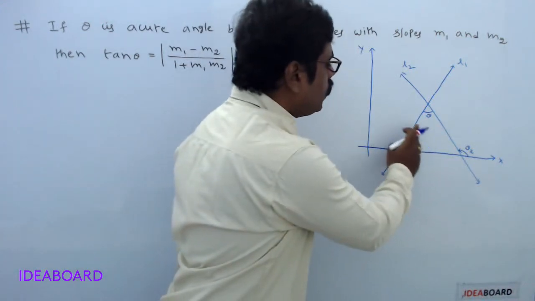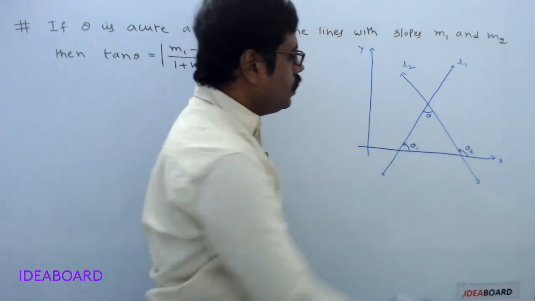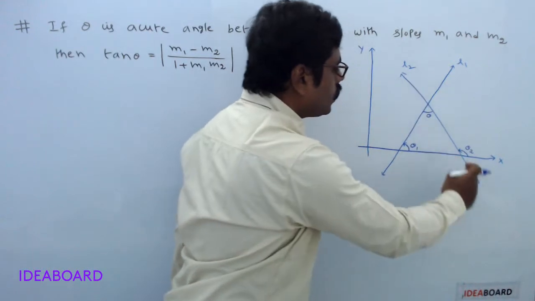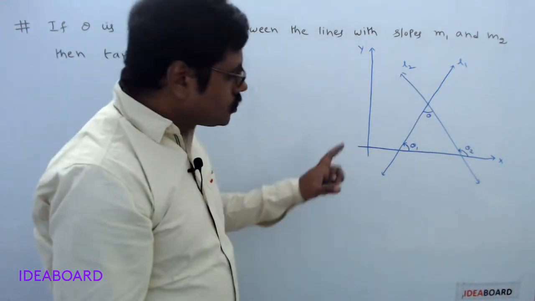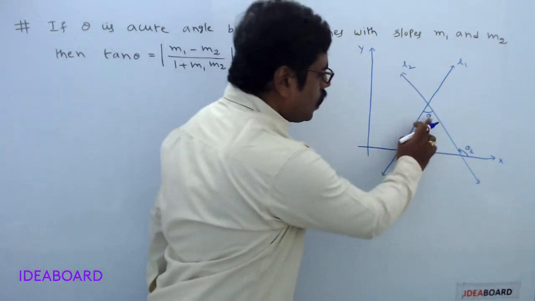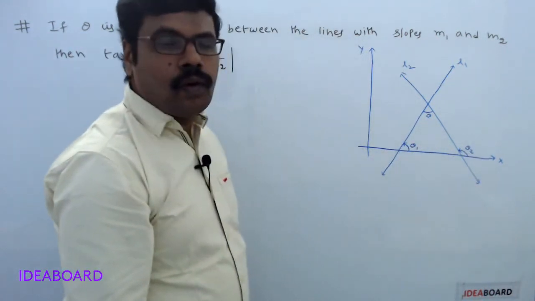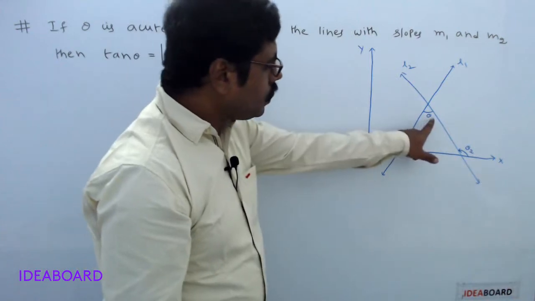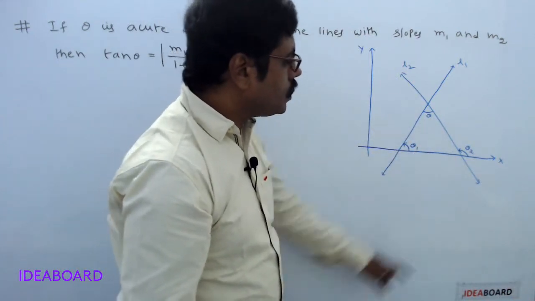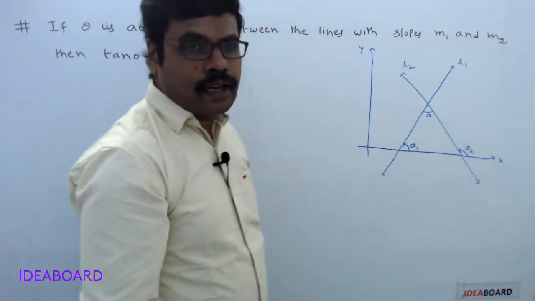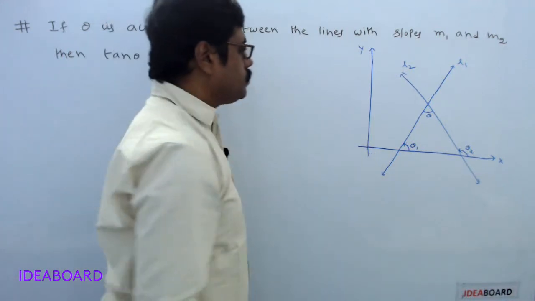Theta 1 is the inclination of L1 and theta 2 is the inclination of L2. So from the figure, the sum of two interior angles is equal to the exterior angle. That is the property. Now use that property.